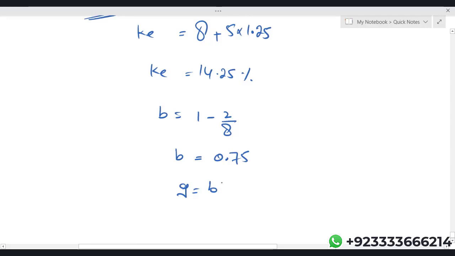g is equal to actually b KE. So retention is 0.75. KE we have calculated 14.25%.